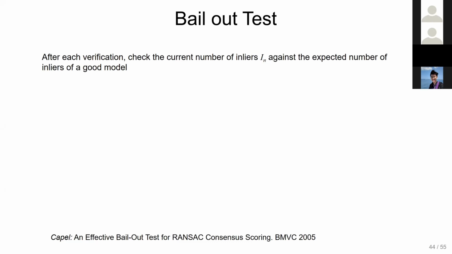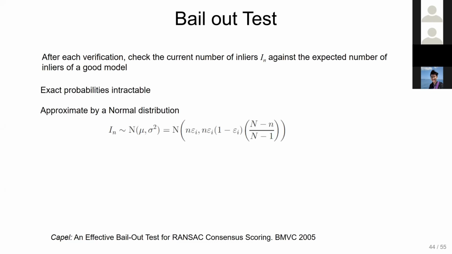The next method that I want to speak about is the bailout test, which is more sophisticated. It goes through all the correspondences and tries to verify them one by one. And after each verification, it tries to decide whether what you've seen so far has a chance to be the best model, or whether you should reject it. To compute this probability is intractable.